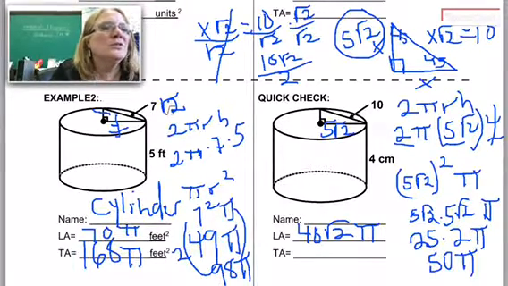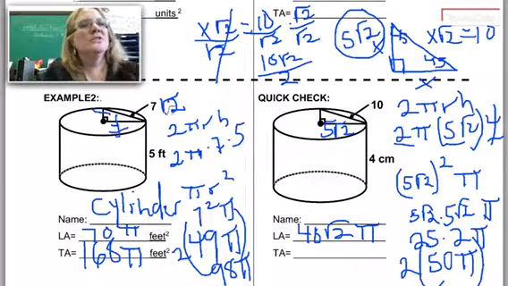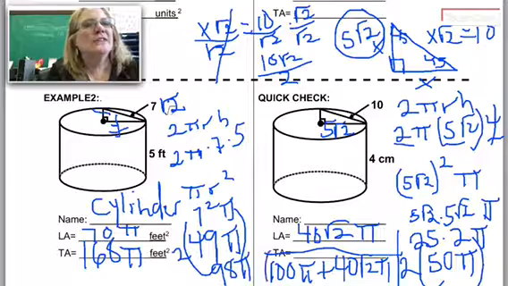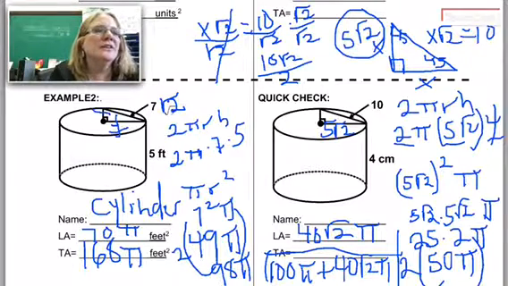That is one circle, and there's 2 of them, so 2 times 50 is 100. The way you write it is 100 pi plus 40 square root of 2 pi. That's your final answer. You can't simplify that or add those together. So that is the exact answer.